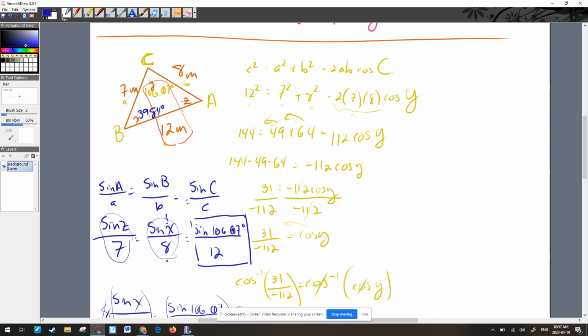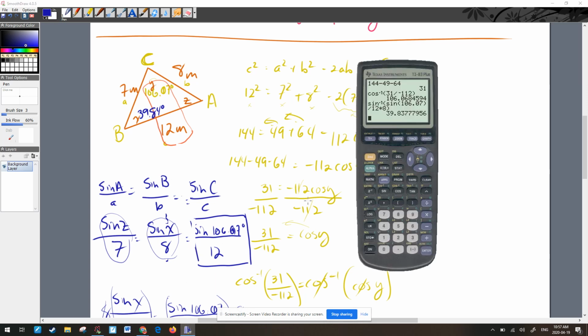So now to solve for z, all I need to do is 180 minus those 2 angles. So I'm going to grab that, and we're going to have 180 minus 39.84 minus 106.07.